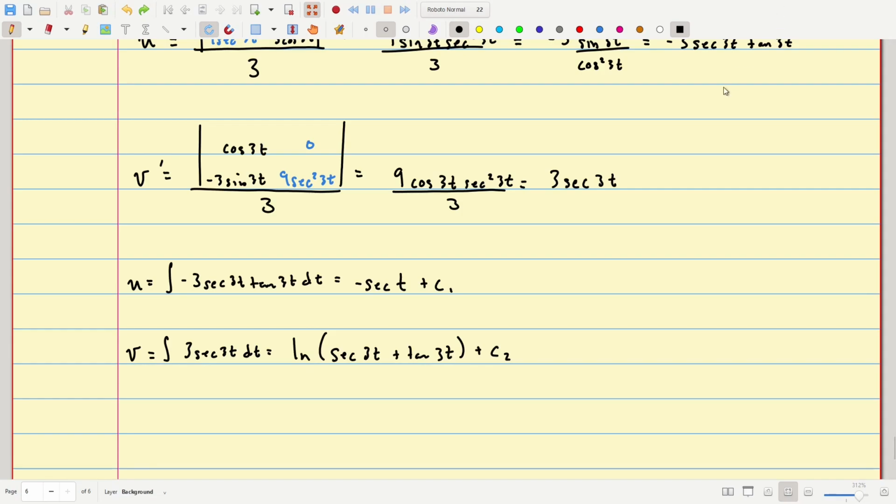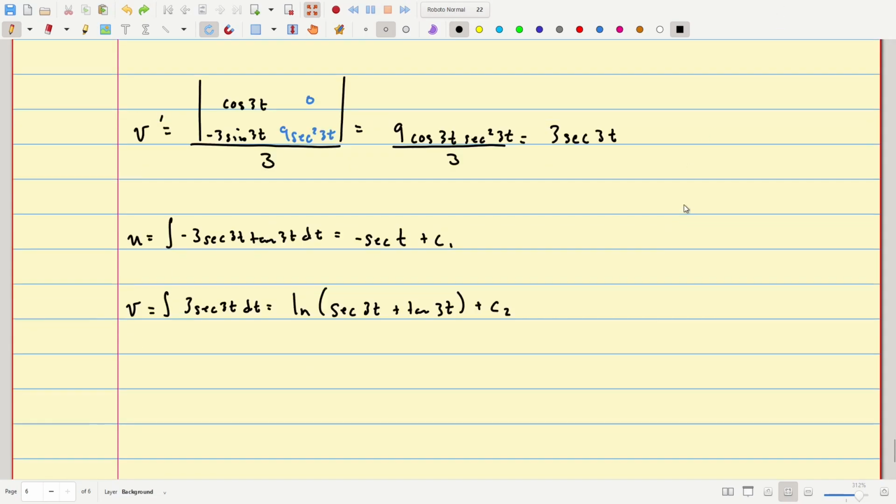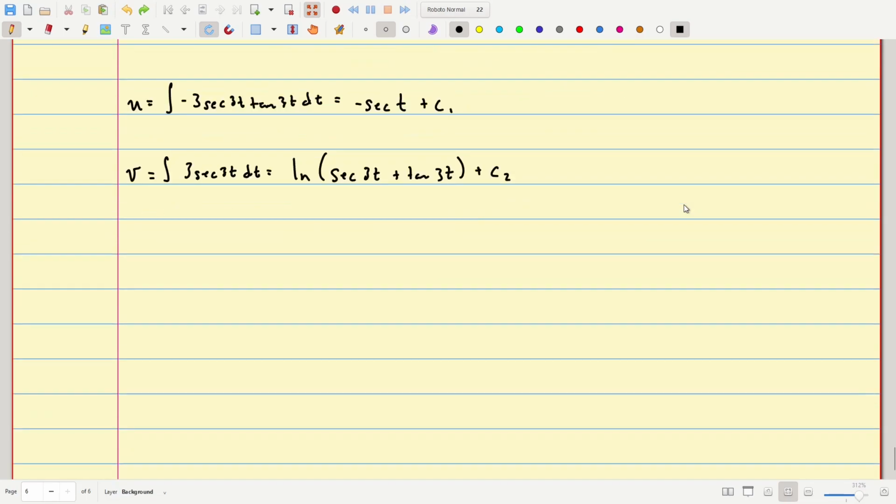We have all of our pieces now, so we can write out our full solution. We have our solution in this form: y equals u times cosine 3t plus v times sine 3t.